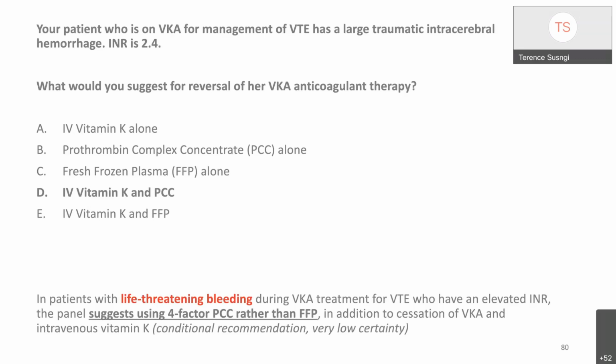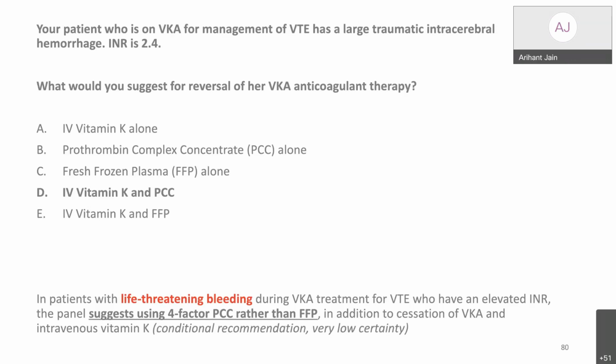So, patient on anticoagulation has bled, right? Yes, sir. So is this a major bleed or a minor bleed? It's a major bleed, sir. Is it a life-threatening bleed or a non-life-threatening bleed? Life-threatening bleed. So whenever we have a life-threatening bleed, what is HASHTI?